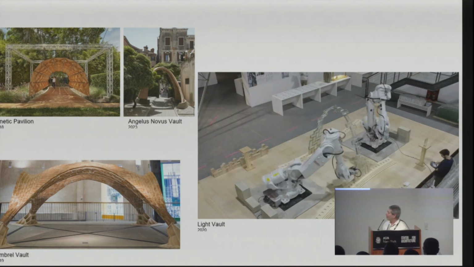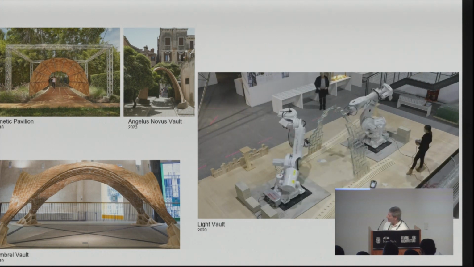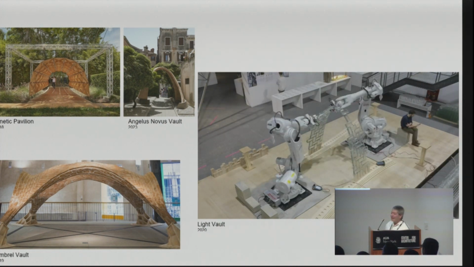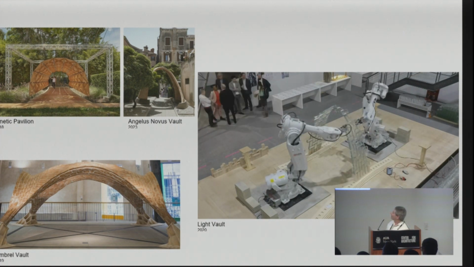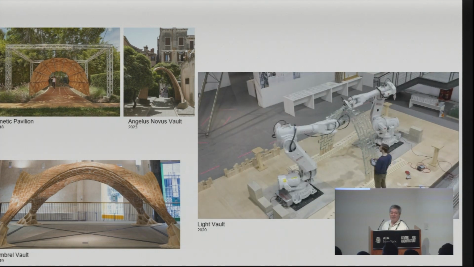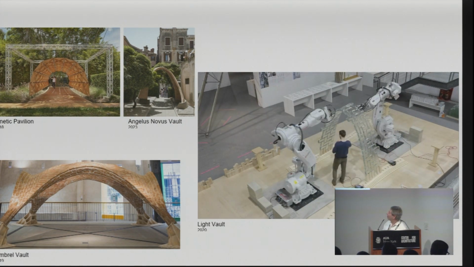Methods in history using graphic statics, from the 1840s or 1860s. The image on the right is a pavilion, a glass vault that was constructed in London just as the pandemic was starting. So unfortunately, many people didn't get to see it at the exhibition, but you can see it now.